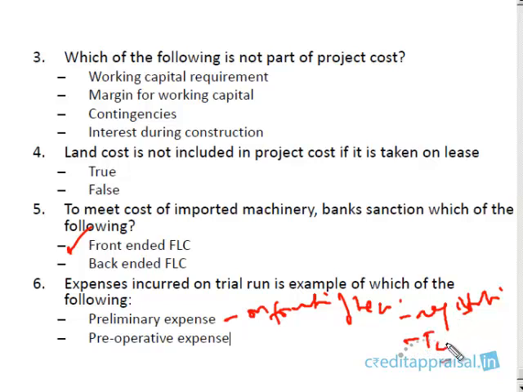Maybe some TV report, consultancy charges. So these are all expenses incurred on the formation of the company, and they are known as preliminary expenses. Pre-operative expenses are expenses incurred for bringing the unit to production. Okay, these are like raw material, wages, bringing the unit to operation. So this trial run is actually a pre-operative expense, right?